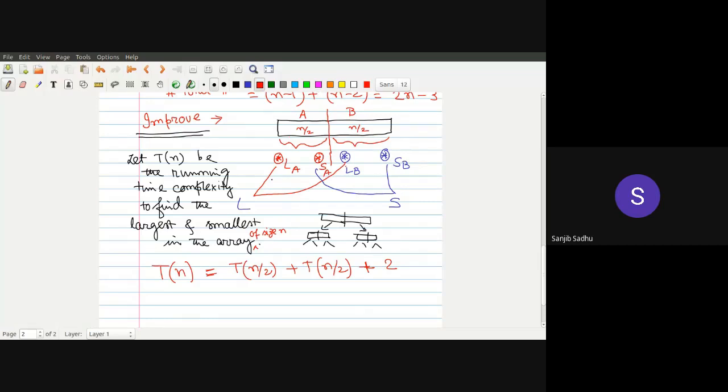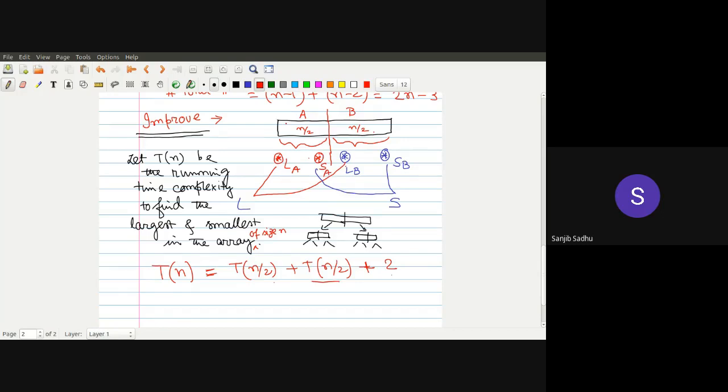See, T(n) is the running time complexity to find the largest and smallest in the array of size n. To solve this, I find the largest and smallest in partition A of size n by 2, so that time will be T(n/2). Similarly, to find the largest and smallest in array B of size n by 2, it will also be T(n/2). Clear? And plus 2.